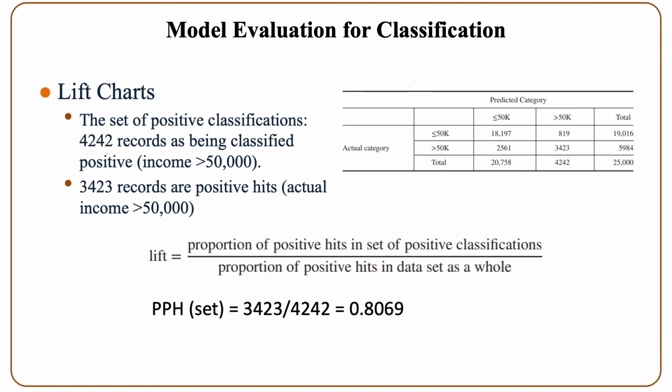Next, we talked about the lift charts. The lift is defined as the proportion of positive hits in a set of the model's positive classifications divided by the proportion of positive hits in the dataset overall.